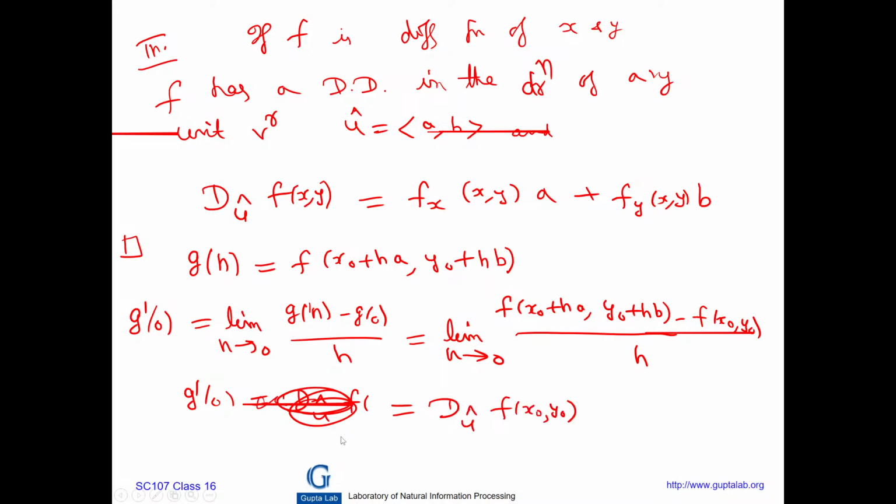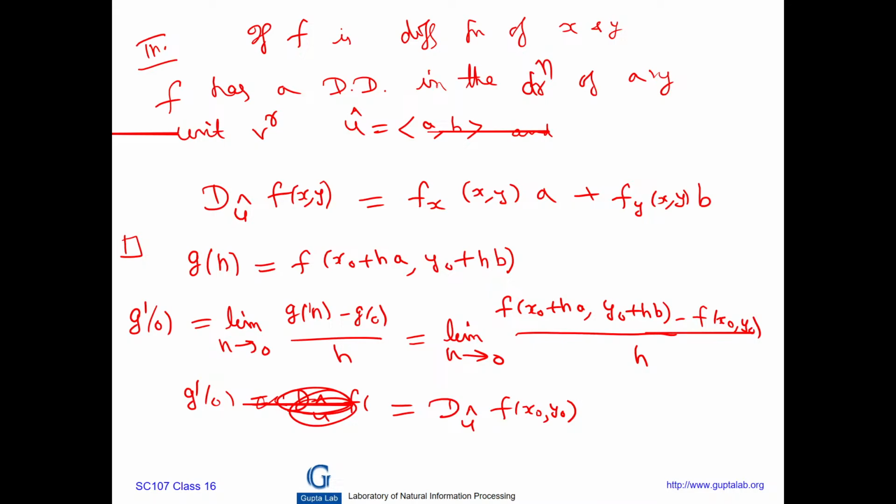So g dash of 0 is nothing but the directional derivative of f at the point x naught, y naught in the direction of u. Now it will take just 1 minute and we can finally prove it.